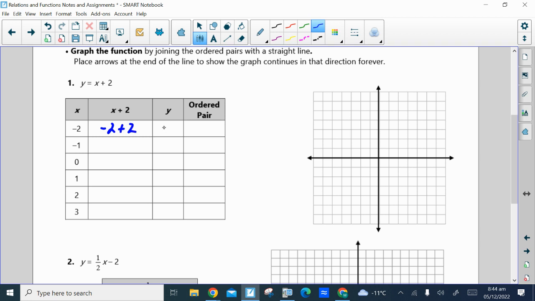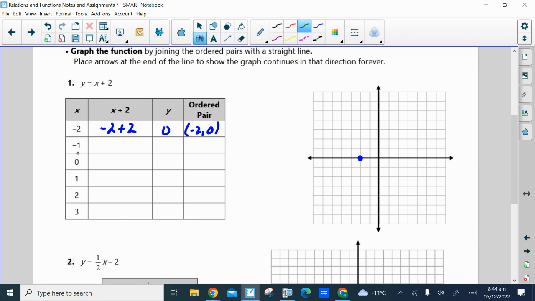And when you add those together, you get 0. So that gives us the ordered pair, -2, 0. When x is -2, y works out to be 0. So on the graph, that's that point right there. X is -2, so you go 2 to the left. Y is 0, so you don't go up or down.